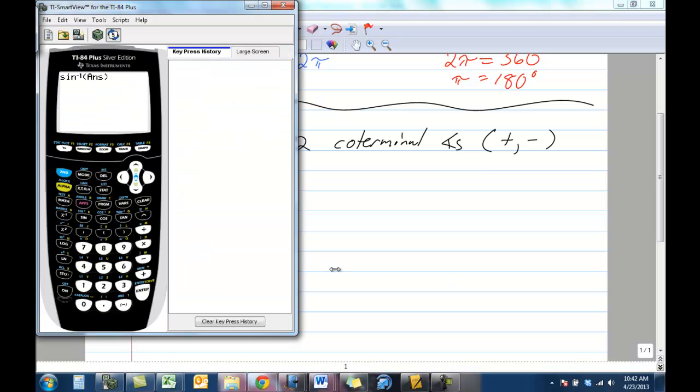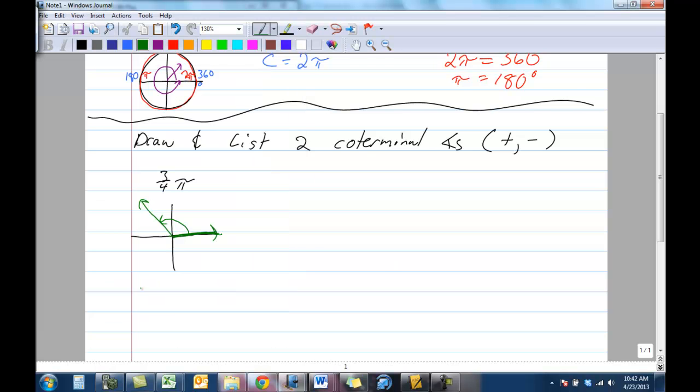So the only thing you've got to do is 3/4 plus 2, which, shame on me for using a calculator, 2 is 8/4, right? I just want to show you that even if you forget how to add fractions, you get 11/4, right? 11 pi fourths is another coterminal angle.